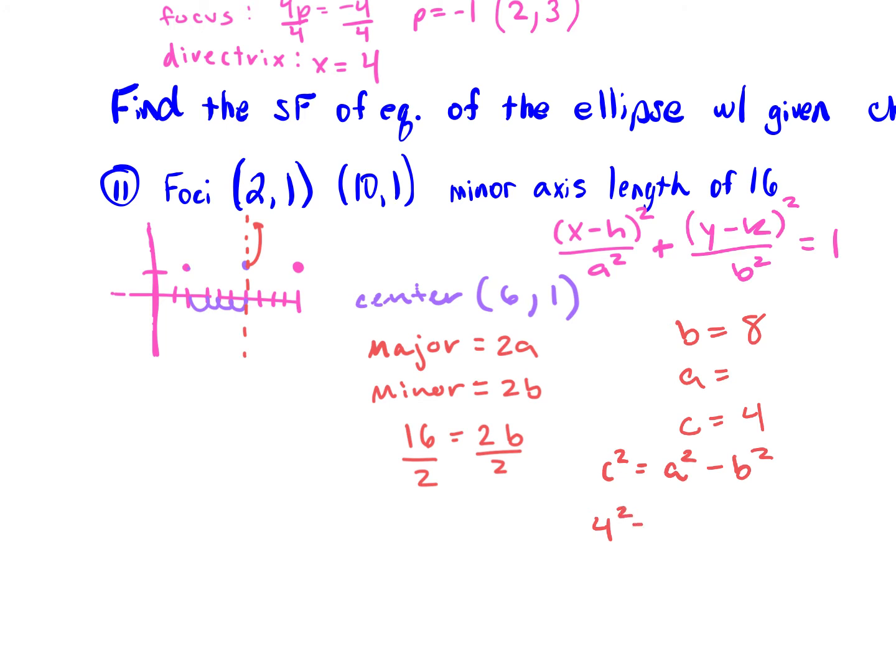So 4 squared is equal to A squared minus 8 squared. 4 squared is 16. Eight squared is 64. Add 64 on both sides.